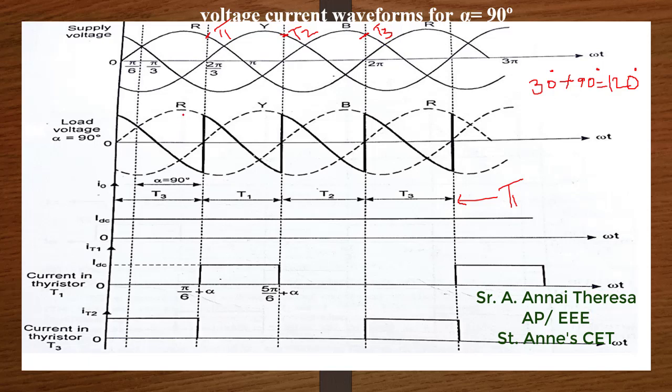First we are going to trigger thyristor T1, because here the R phase is maximum. If we trigger this thyristor T1, what will happen? The R phase voltage, this wave is the R phase.